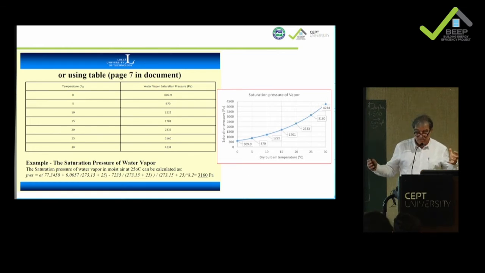The atmospheric pressure is 100,000 Pascal, and Pascal is a Newton per square meter, for the one who would have forgotten. The vapor pressure, you see, is only in the range of 600 to 4,000. It can go a little bit higher.